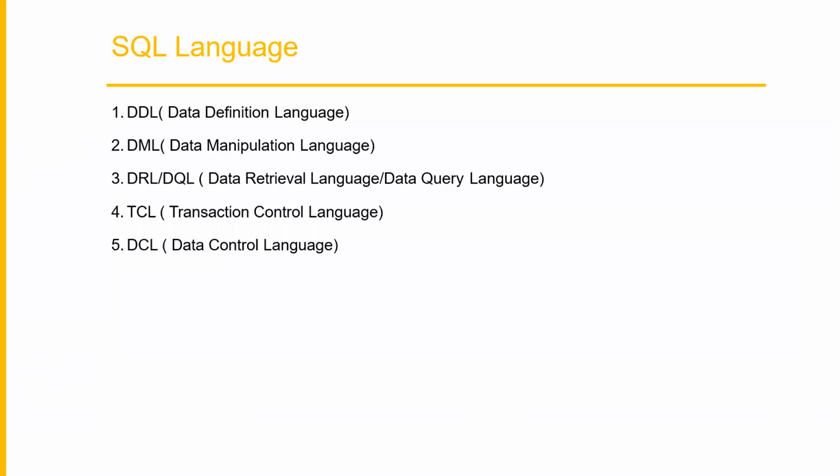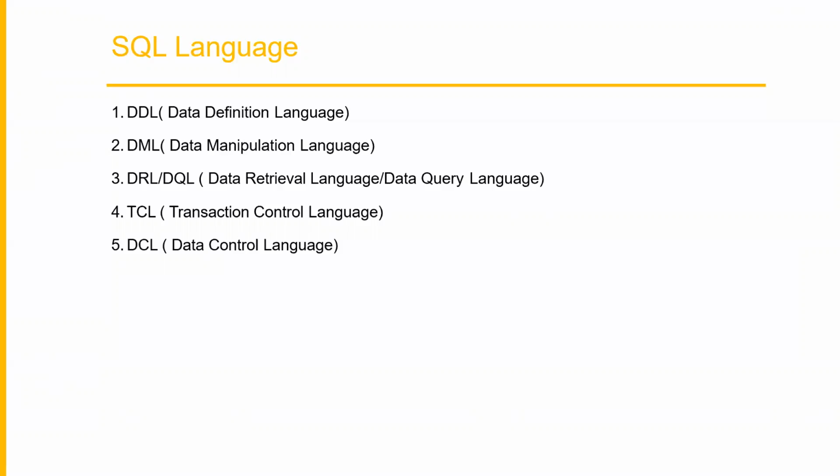For that, we use an SQL command called select. With that, we read the data from the database server. We issue that command, it goes as a request to the database, and the database responds with a result set. That type of command we call data retrieval language or data query language.